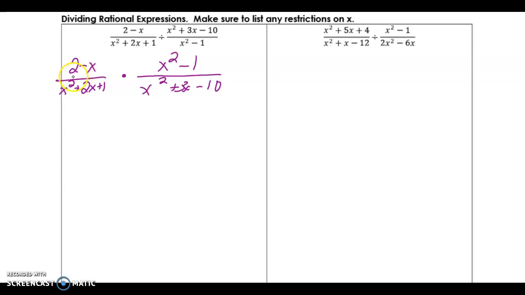Now, yesterday we talked about if it is not in the right order, like this 2 minus x, go ahead and put it in the right order. So I'm just going to kind of above it write negative x plus 2. And then what we can do if you have a negative leading coefficient, just take out a negative 1.